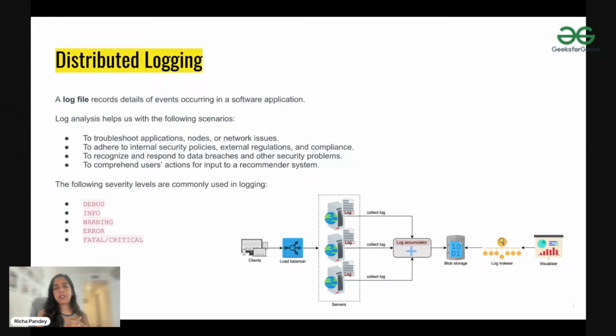You have different levels of logging. This explains the severity of the situation. So here you can see there are 5 different types of logs. There is debug, info, warning, error, and critical log. A debug log can be just for debugging purposes.